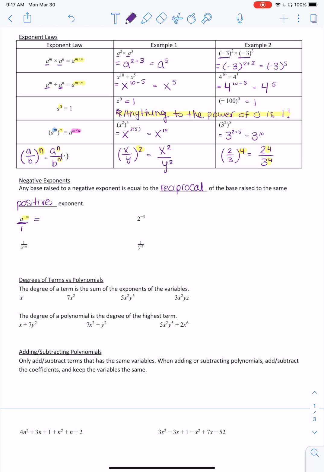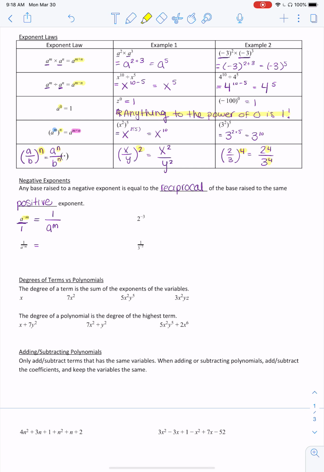So secretly under this a, we have a little 1 hanging out. So in order to make that a positive fraction, it needs to be on the other side of the fraction. So all I'm going to do is flip the fraction. My a to the negative m goes on the bottom, but what happens is that m turns to a positive. So now I have all positive exponents.